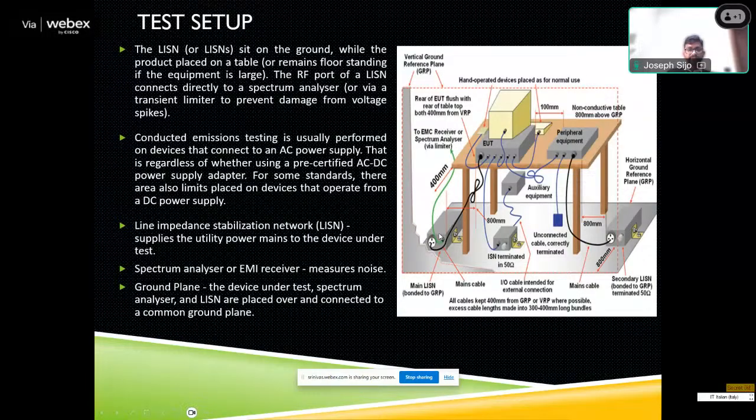So there is some equipment. This is a line impedance stabilization network, which we use here to stabilize the network.